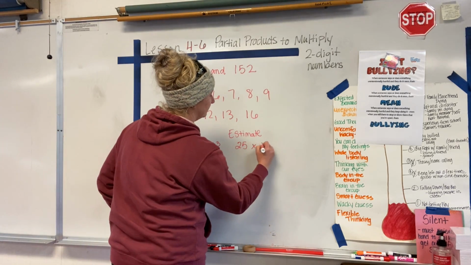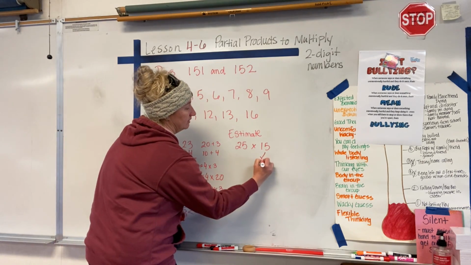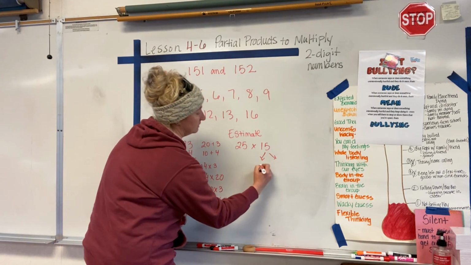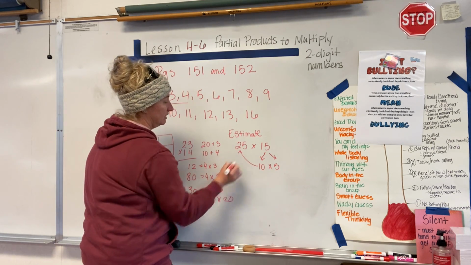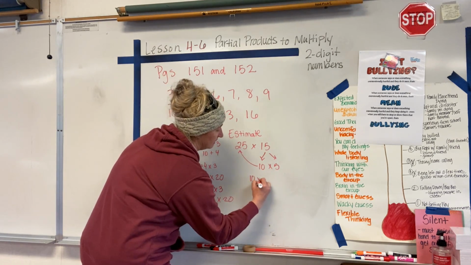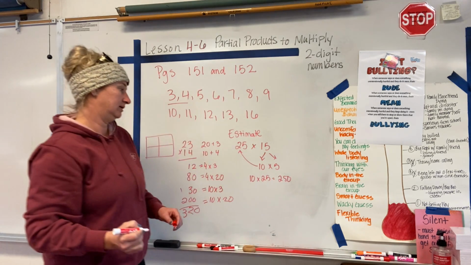So times 15. And what I'm going to do is I'm going to break apart the 15 into 10 plus 5. I'm going to do 10 times 25 is 250.